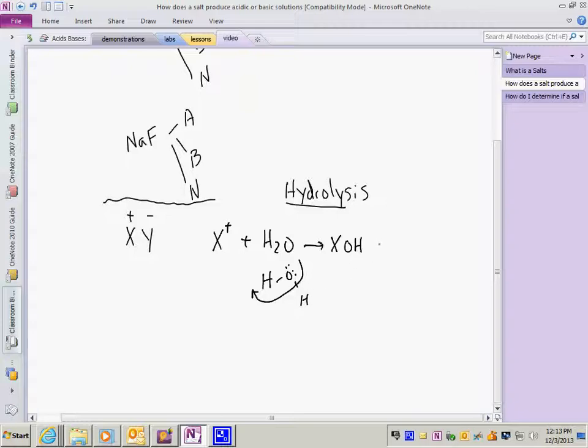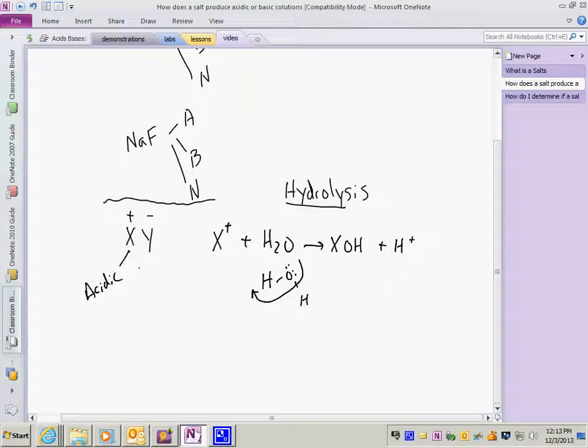And then it leaves the H+ to fend for itself. Again, this will jump onto a water molecule nearby and form H3O+. So H+ or H3O+, we're saying it's the same thing. Therefore, the cation, with hydrolysis as a reaction pathway, has the ability to be acidic.